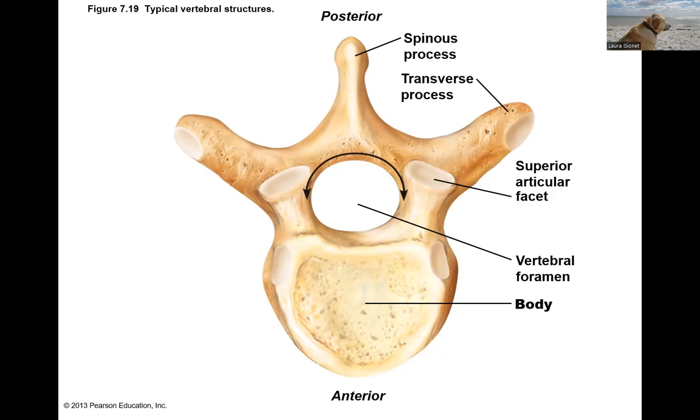The body functions in articulation, and the vertebral foramen a passageway, in this case for the spinal cord. So most of the vertebrae that we'll be looking at will have these same structures. In the cervical vertebra, we'll have a couple exceptions.